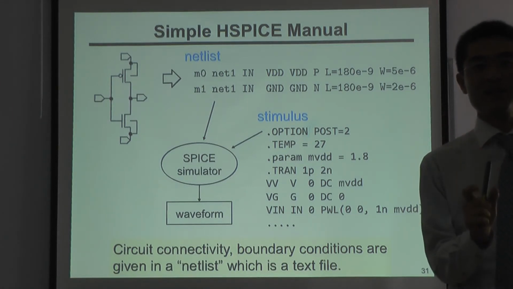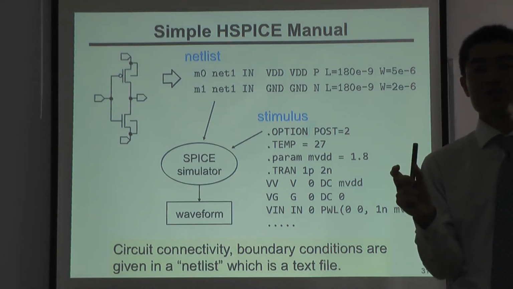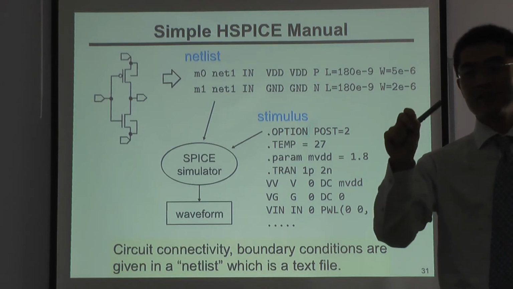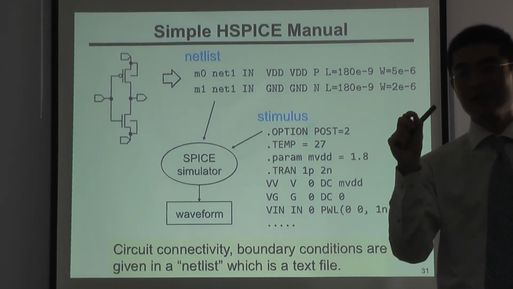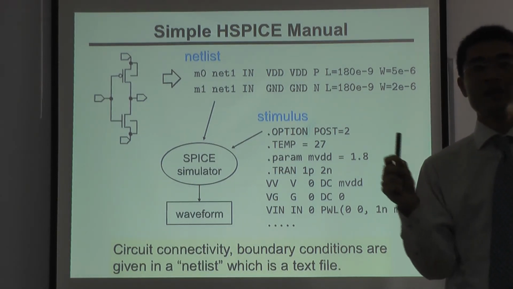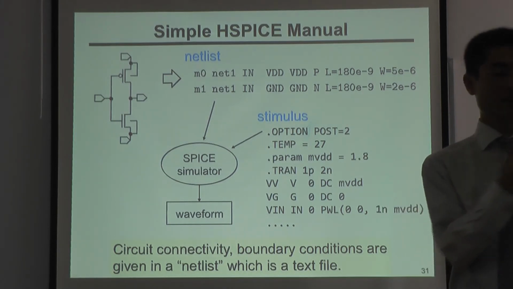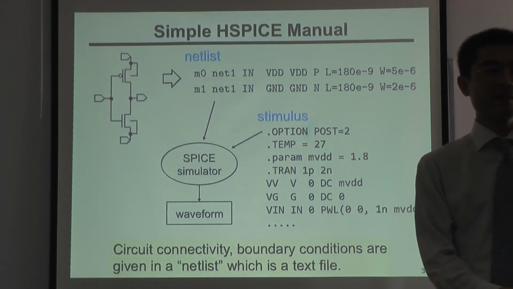And after that, you use the Cadence Virtuoso Schematic Editor GUI, design a circuit using the GUI and generate a netlist, and you will have a text netlist.